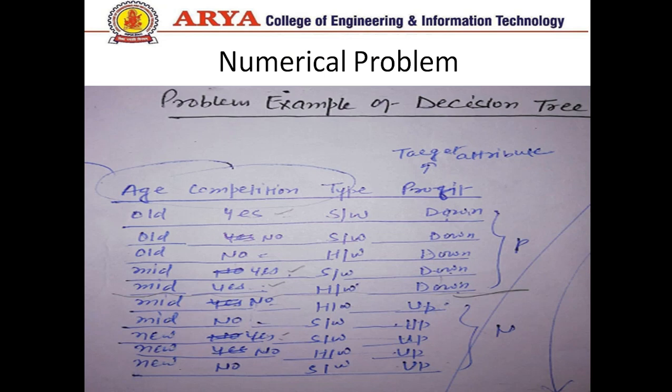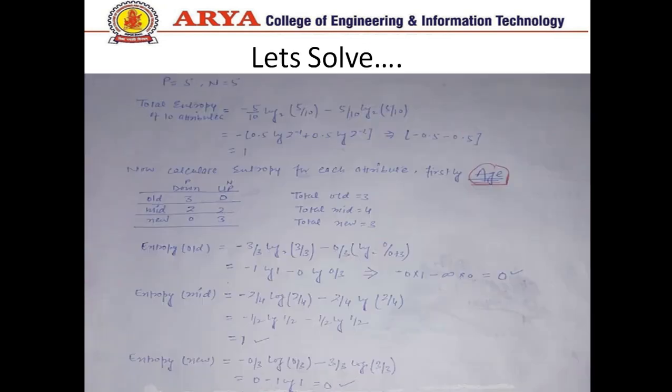So there are mainly two types of tree pruning. Number one, cost complexity pruning, and second one is reduced error pruning. Here we are taking a numerical problem based on decision tree. We have 10 data sets and the attributes are age, competition, type, and profit, and profit is our target attribute.